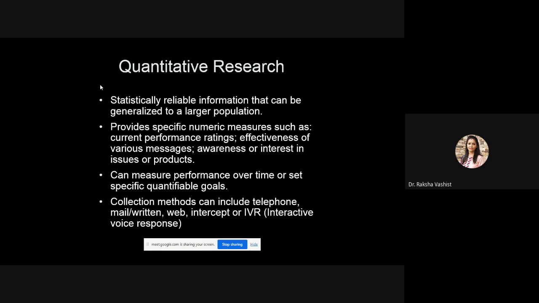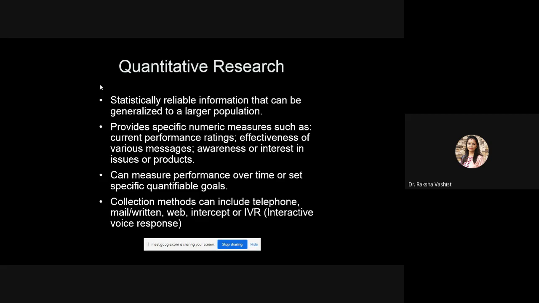Quantitative research provides specific numerical measures such as performance ratings, performance of an organization, effectiveness of your various messages, awareness or interest in issues or products. It basically deals with the quantities of the data, which can be measured in the form of numbers.